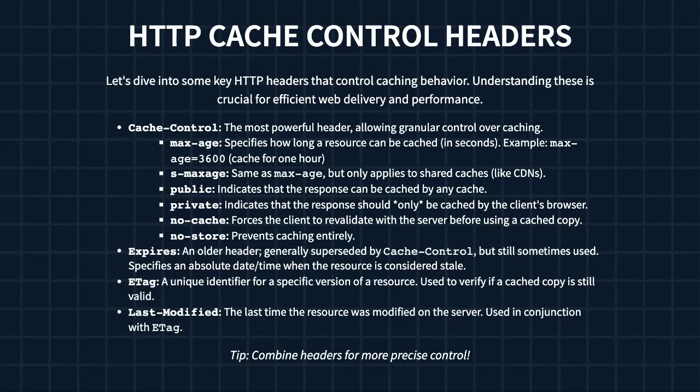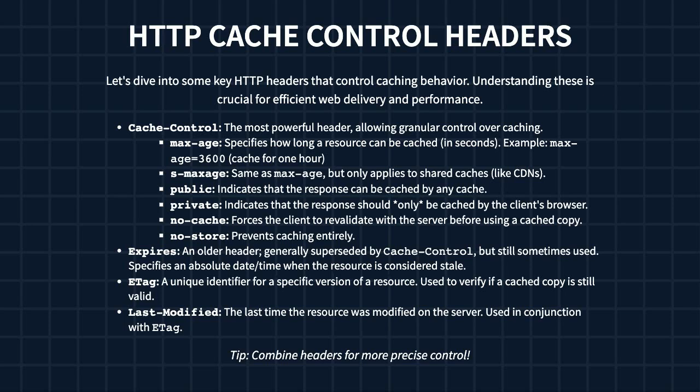Okay, let's talk about how we tell browsers and other caches to remember things or not. The most important header here is cache control. It's like a set of instructions. Max age tells the cache for how long it can hold something. S-maxage is similar but specifically for shared caches, like CDNs.